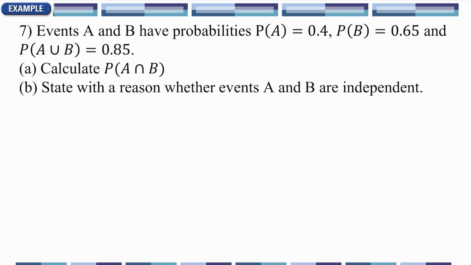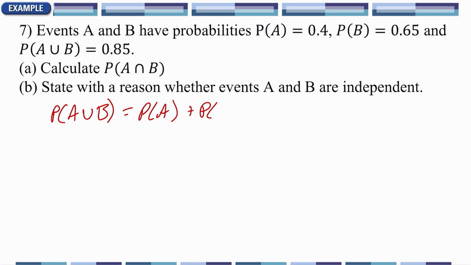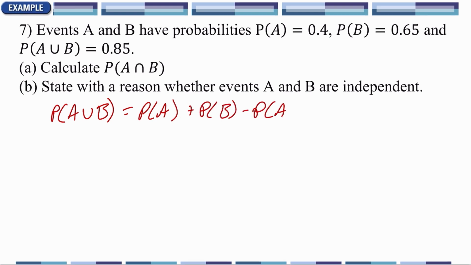All right, our last example. Events A and B have probabilities. P of A is 0.4, P of B is 0.65, and the probability of A union B is 0.85. So first they want us to calculate the probability of A intersect B. So we have to go back to the formula, I don't remember the kind of events it was, but it was probably the one that has the probability of A union B is equal to probability of A plus the probability of B minus the probability of A intersect B. This is a formula for inclusive events, so events that can happen at the same time.